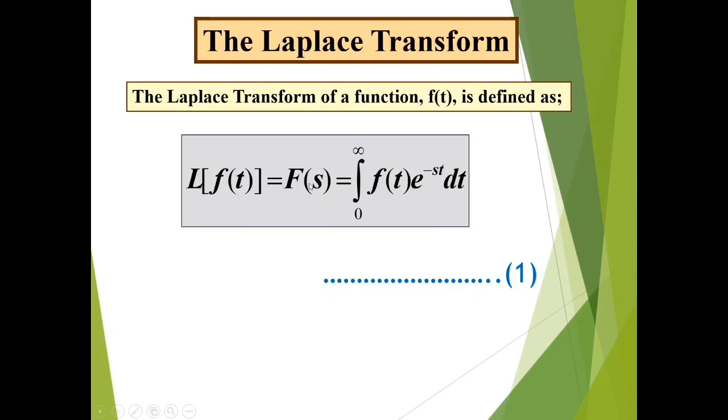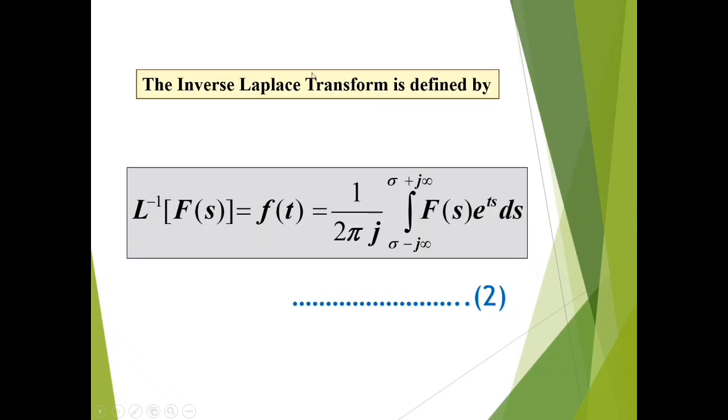That is F of s equal to integral 0 to infinity f of t e power minus st dt. So we'll take this as equation 1. So this is the formula to find the Laplace transform of a function f of t.